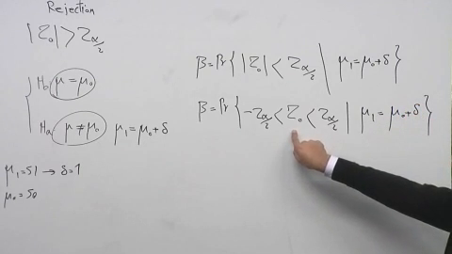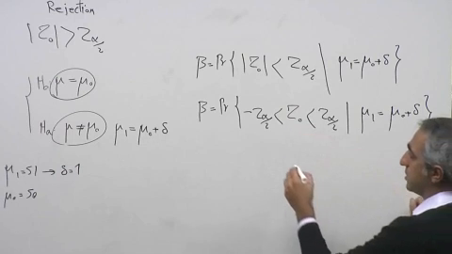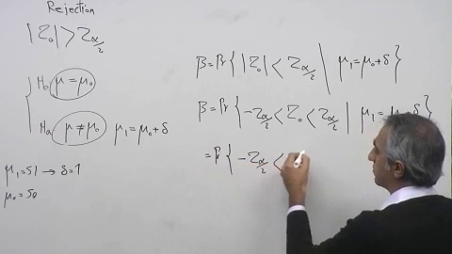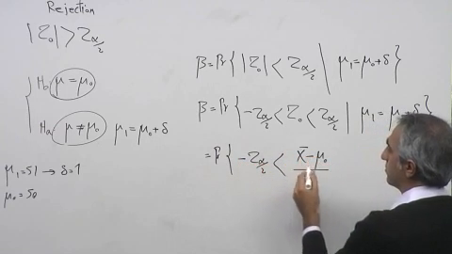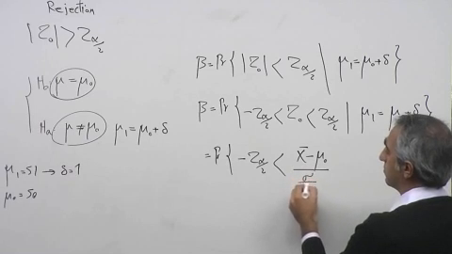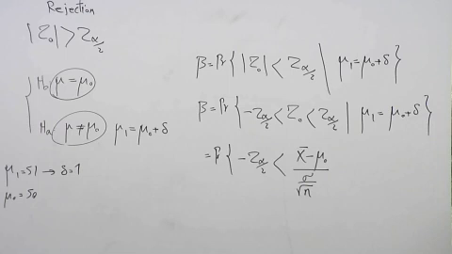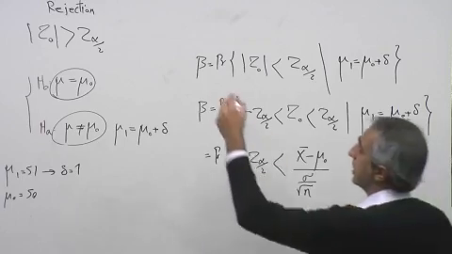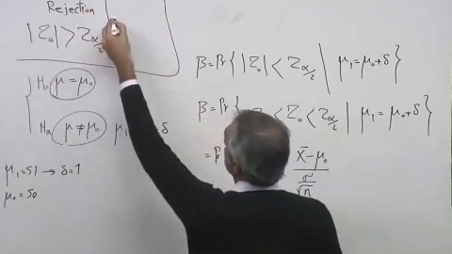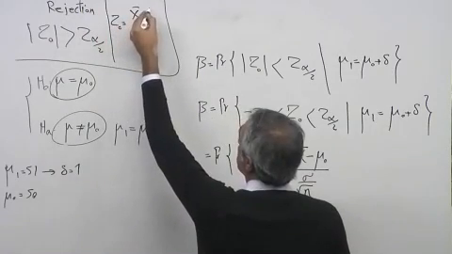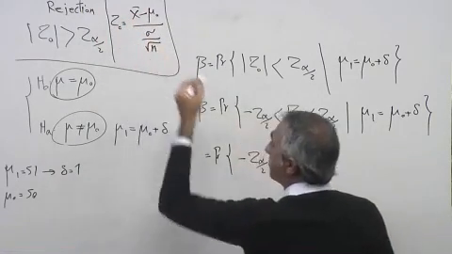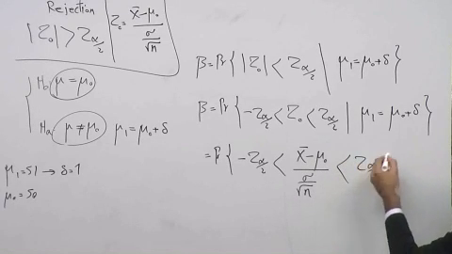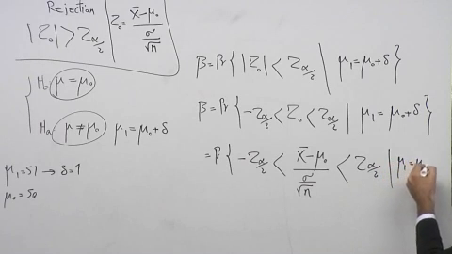So what is Z0? It is x bar minus mu0 divided by this. That's the definition of Z0. Let me just write it down here. Your Z0 is x bar minus mu0 divided by the standard error. I want to find this probability, where mu1 is mu0 plus delta.